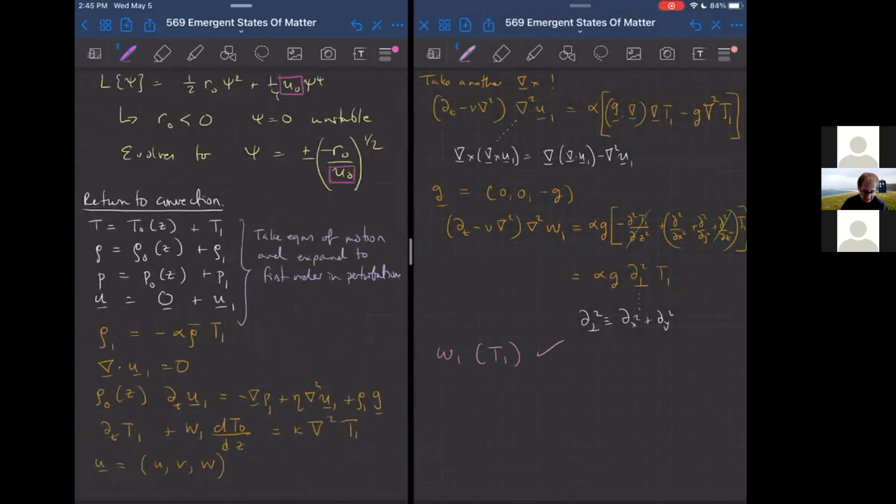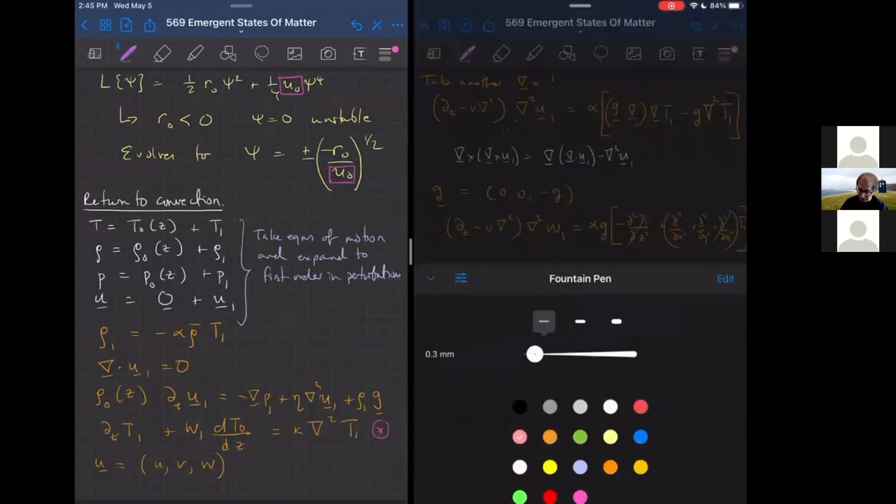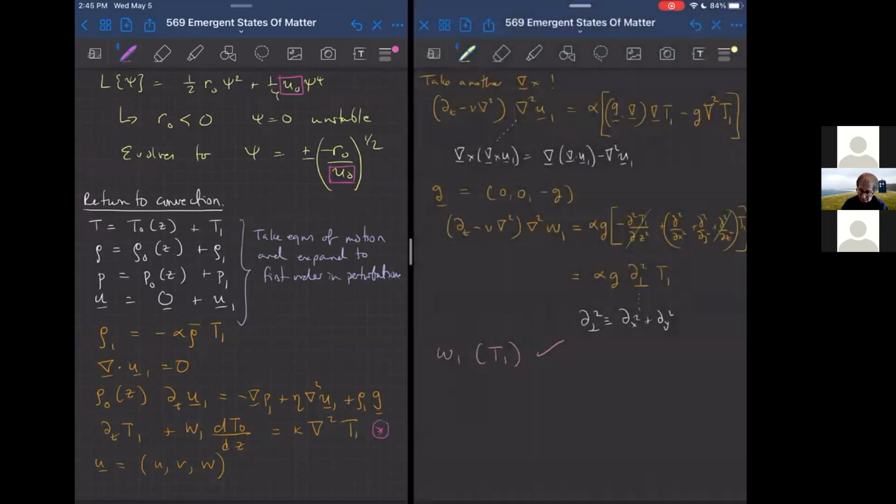So here they are. Now the idea is I've got an equation for W, and it involves T1, and I've also got this other equation for W in terms of T1, which is this equation over here on the left. I haven't used that equation yet. So the next thing we're going to do is use that equation.